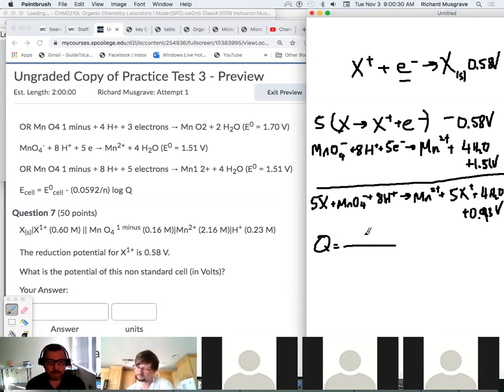But the only thing we're interested in is whatever has a concentration next to it. And the things like solids and water are not included in the Q expression. So I know it's going to be Mn2+ and X+ to the 5th, over MnO4- and H+ to the 8th.